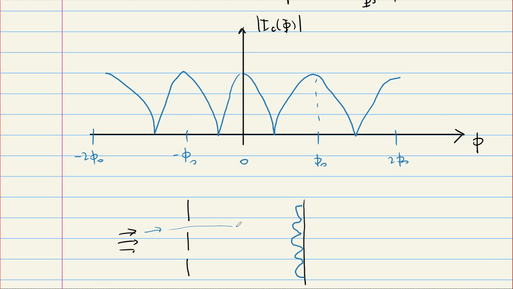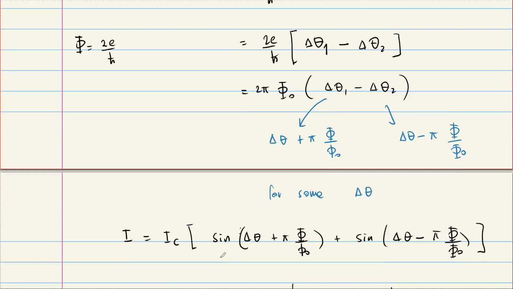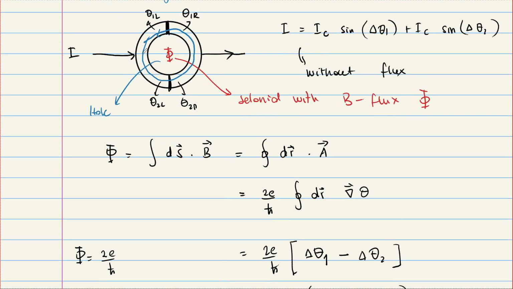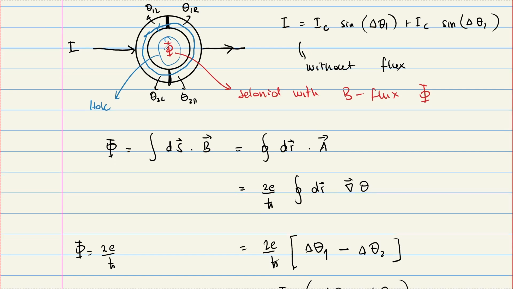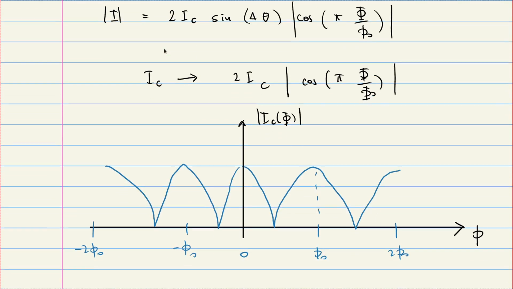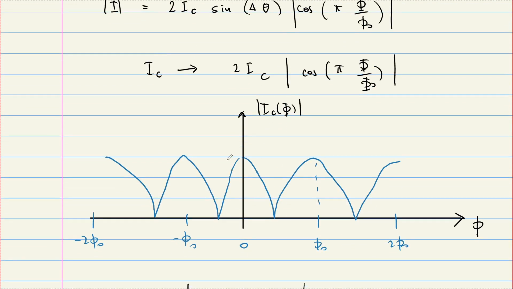The light can go like this or like this, and these two paths are going to interfere. And here Cooper pairs can go in the upper branch or the lower branch, and then they interfere, and the path length difference is tuned with solenoid flux. By choosing the flux, you can change the path length, and the path length is going to determine the interference pattern.